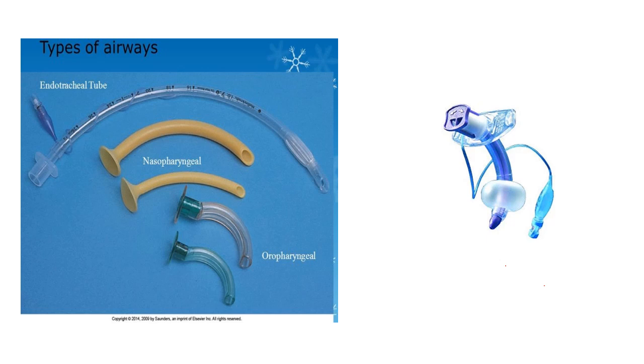What are the types of airways? Here we can see this is the endotracheal tube. Here we can see a connector, right? With this connector we can connect it to an oxygen source or to the ventilator.